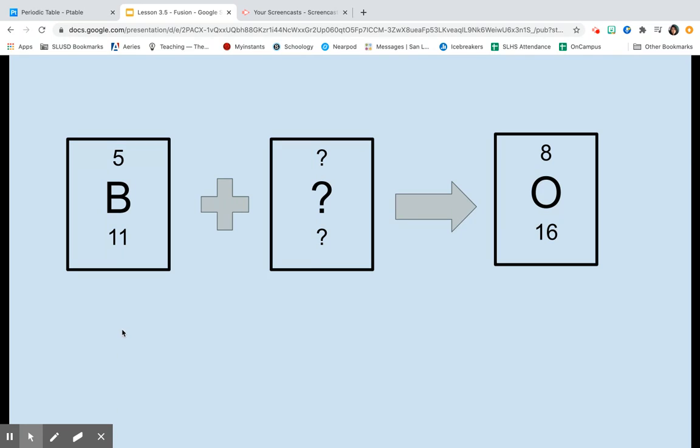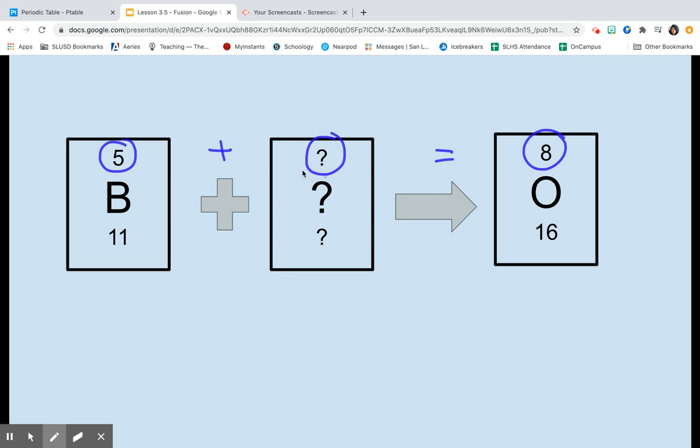Okay, so what if I ask you something like this? I can make oxygen, but here I'm starting with boron. So boron needs to combine with what to make oxygen? Well, at this point, it's a tiny bit trickier, but it's not too bad. It's the same idea, right? So 5 plus what will equal 8?